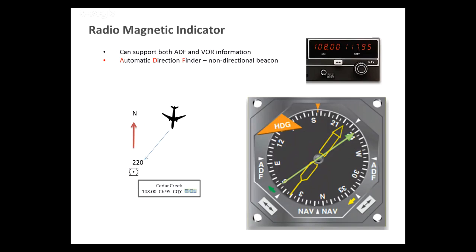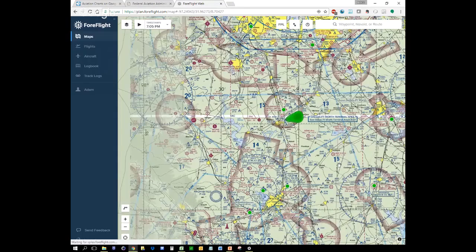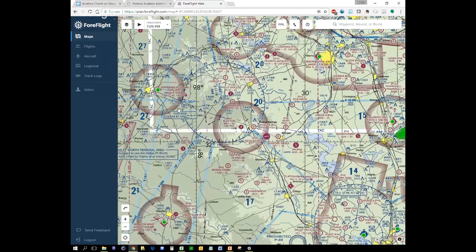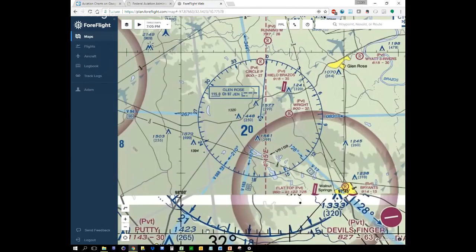The FAA has a list of 500 plus VOR stations that are due to be decommissioned over the next 6 years or so. So, for example, we've got one VOR station over here, Glen Rose, which is just southwest of where I live. It's going to be decommissioned in late 2018, so you'll no longer be able to use it.